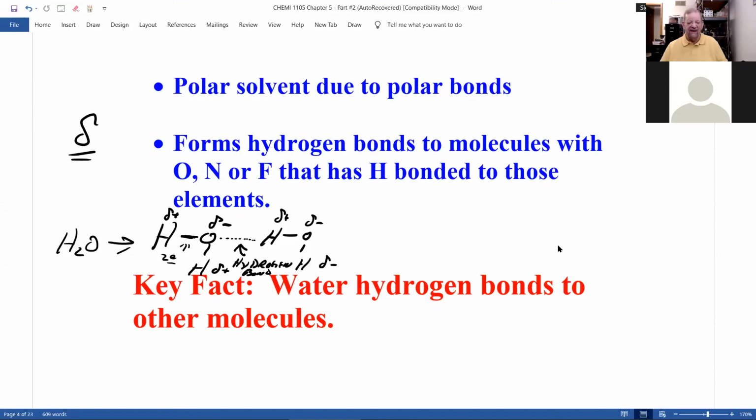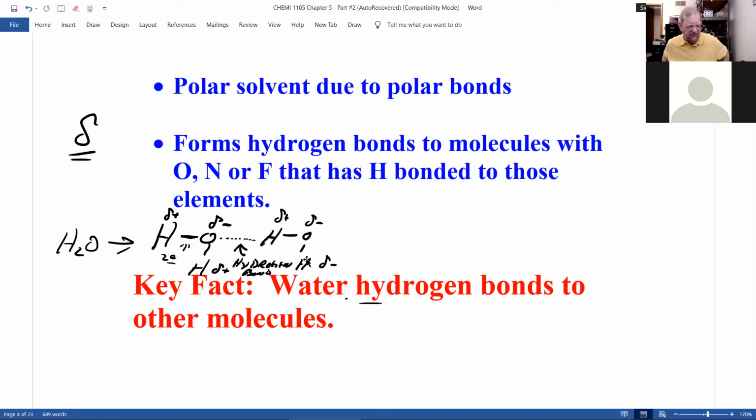And water can hydrogen bond to other molecules, which helps make it soluble to form solutions. And another thing you should know about hydrogen bonding is that water has a much higher boiling point than other molecules with the same molecular weight.